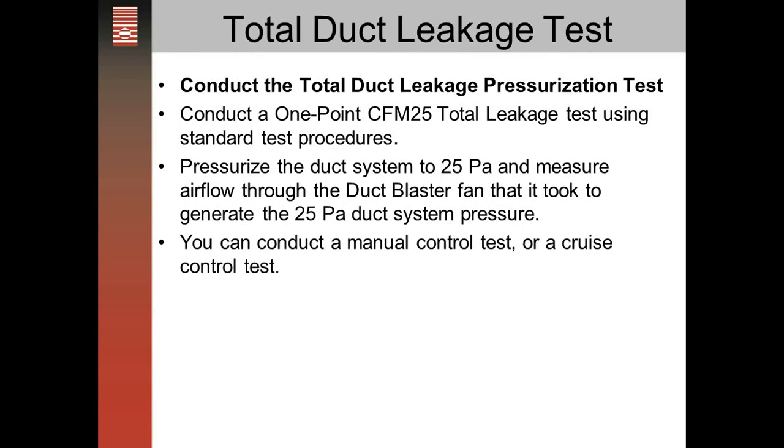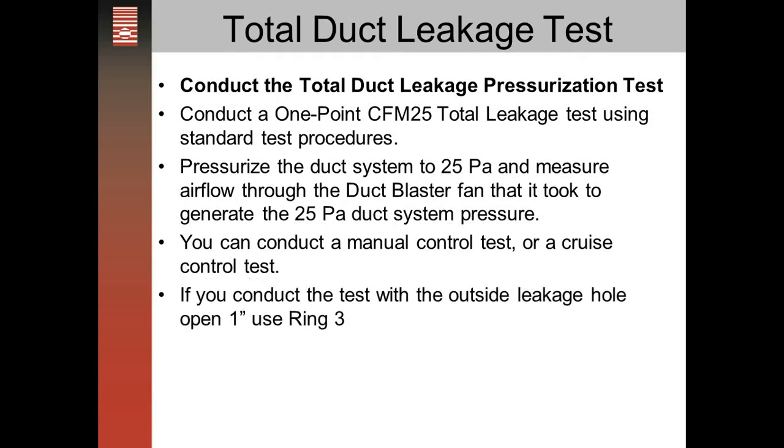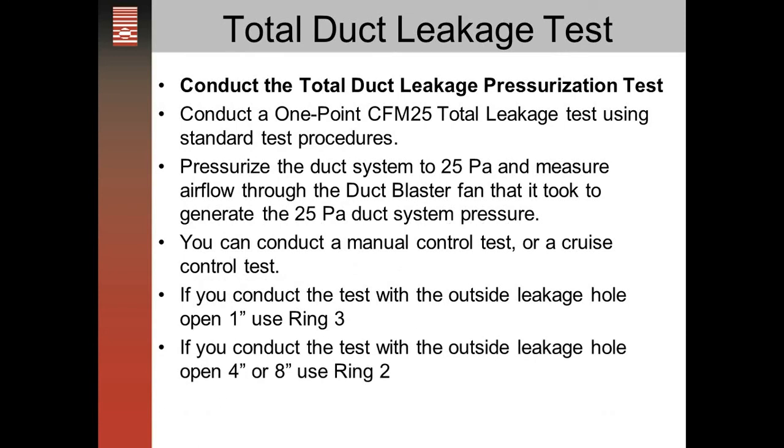You can conduct either a manual control test or demonstrate the cruise control test. If you're having that leakage outside hole open 1 inch, you'll use ring 3. If you're conducting a test with the outside leakage hole at 4 or 8 inches, use ring 2.